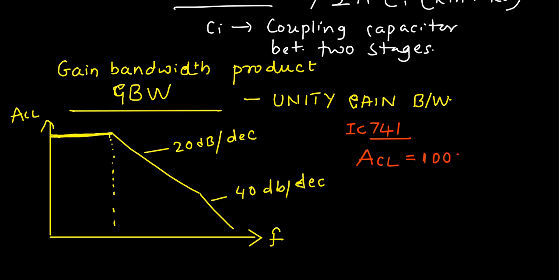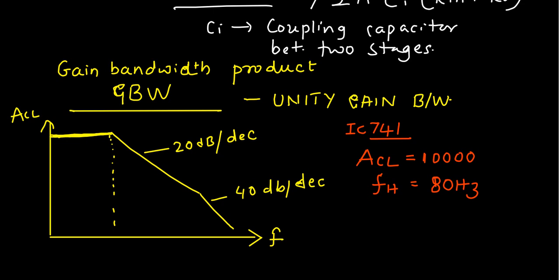This is from the frequency response graph of your IC 741. So, the closed loop gain of 10,000 occurs at a frequency of 80 hertz.